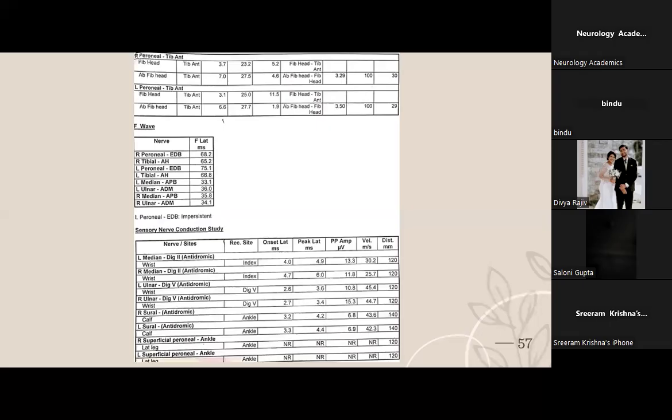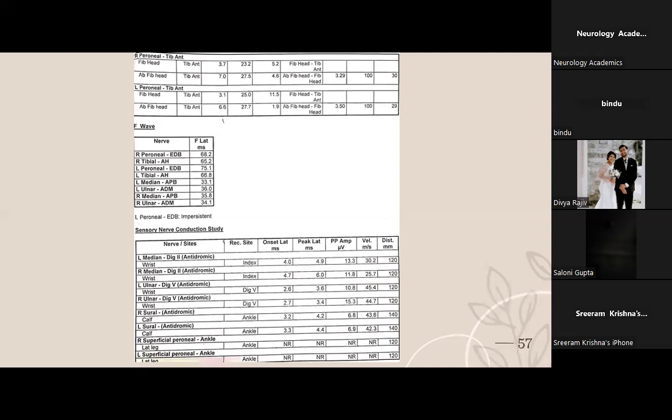And SNAPs: in the left median, peak latency is prolonged with normal amplitude. Right median is prolonged. Left ulnar SNAPs are prolonged with normal amplitude. Right ulnar also mildly prolonged.